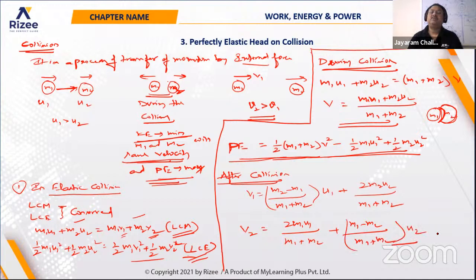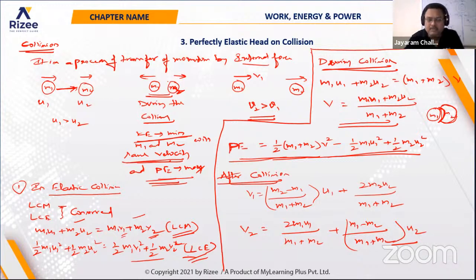Using these two relations, you can determine the velocities after the collisions in either case, that is the V1 and V2 values, depending upon the situation given in your sum or the application. That means if it mentions that the second ball is in the rest position, then u2 will become 0.